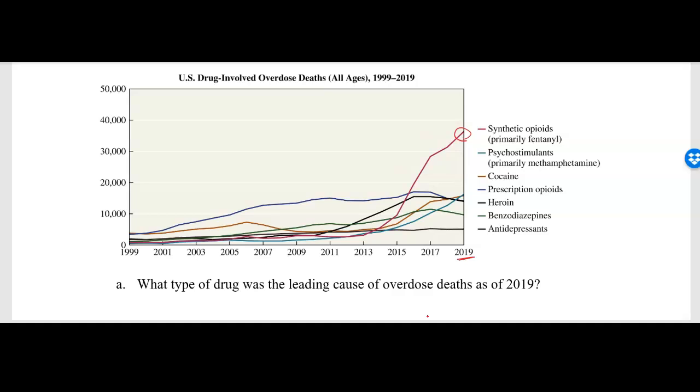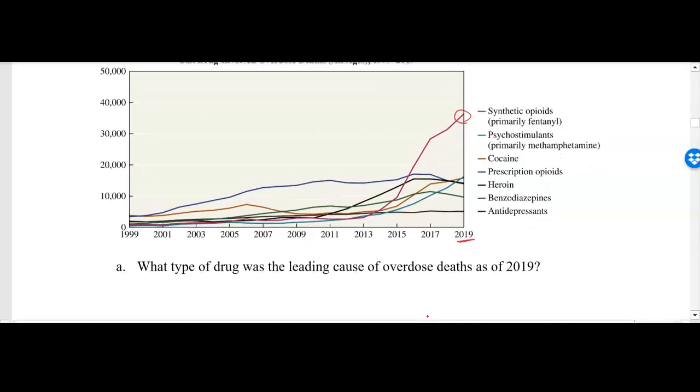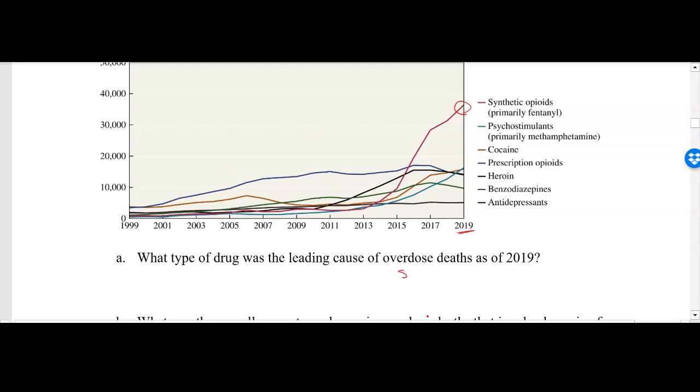So we have to look up that color, and that color would be the synthetic opioids. And that would be my answer. So let me just slide this down a little bit. That's it. So that's all we're looking for that one.